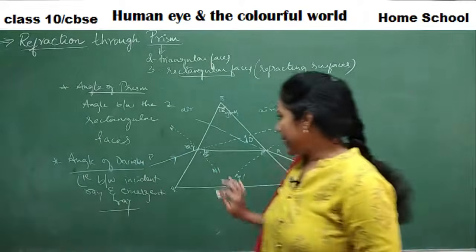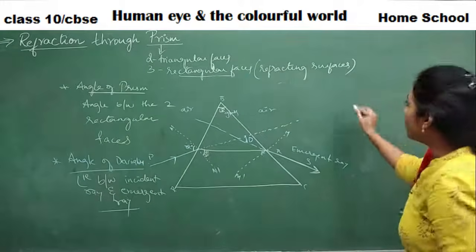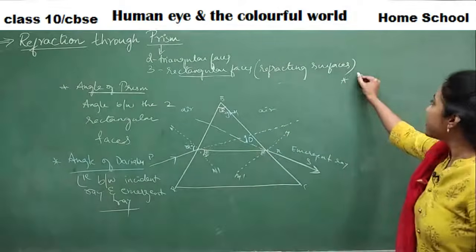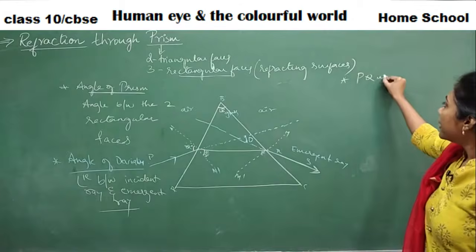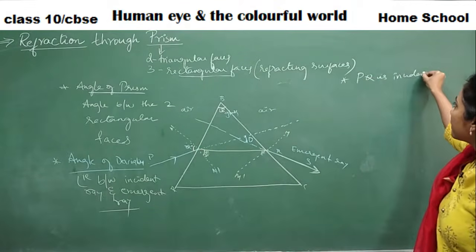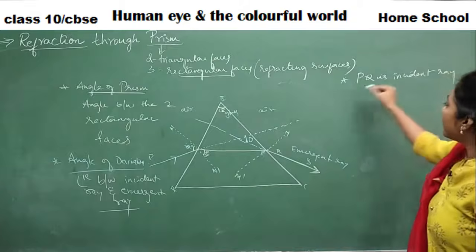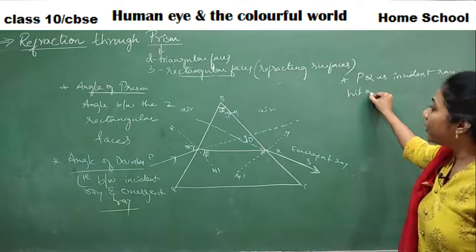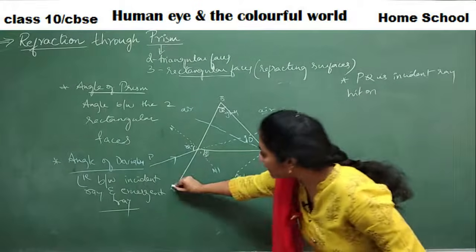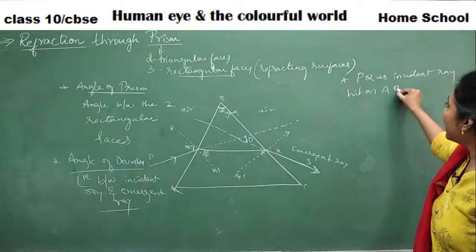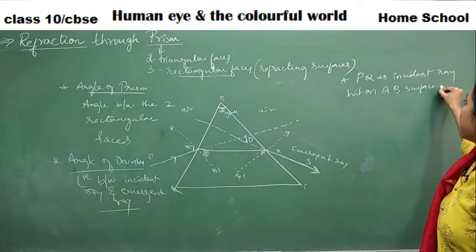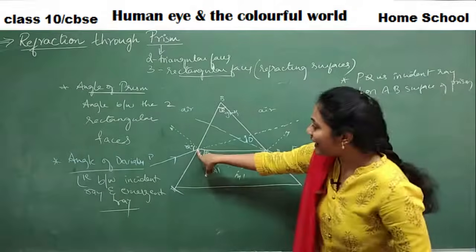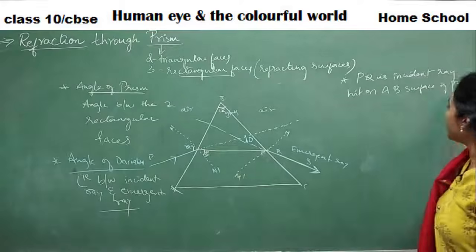Okay, so let me summarize what we have done here. So let me write it as point wise. Just what I took, PQ is the incident ray. PQ is incident ray. Okay, so where did this incident ray hit? It has hit on which one? AB surface. It has hit on AB surface of prism, right? And then what happened? The moment it hit at this surface, refraction occurred.